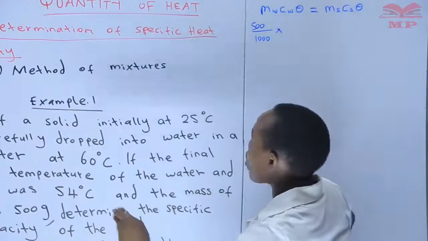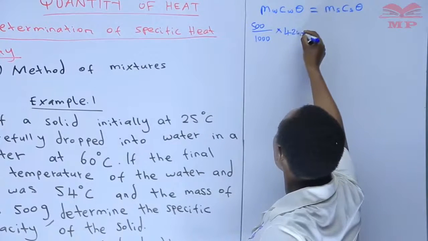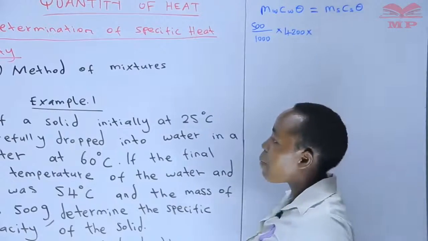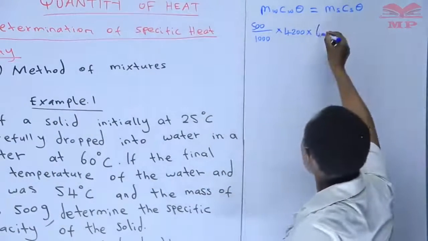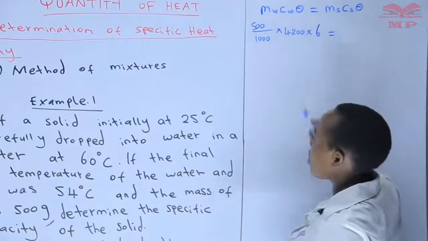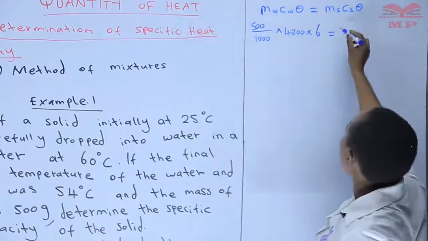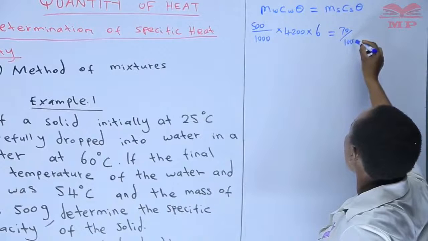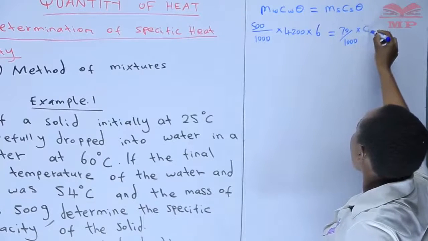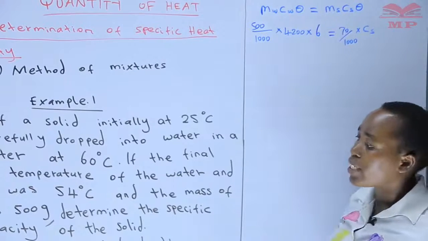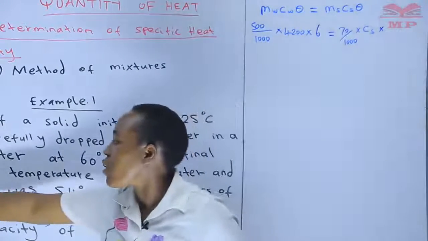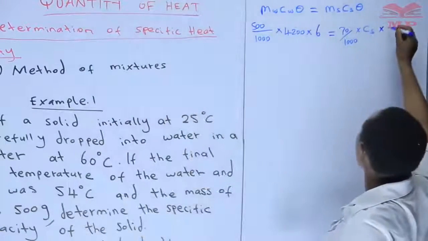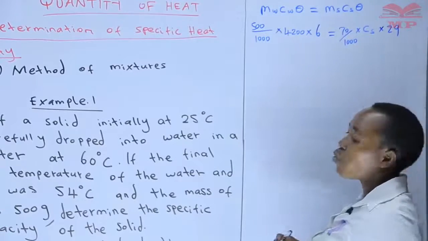Specific heat capacity of water is 4,200. Change in temperature for water is 6. This is equal to mass of the solid, which is 70 over 1,000, times the specific heat capacity of the solid, which is what is in question, times the change in temperature for the solid, which is 29.